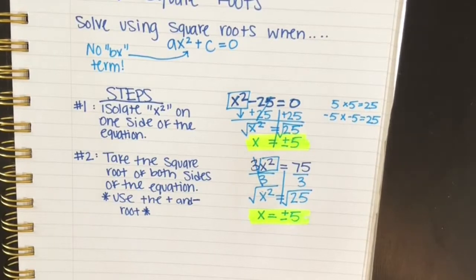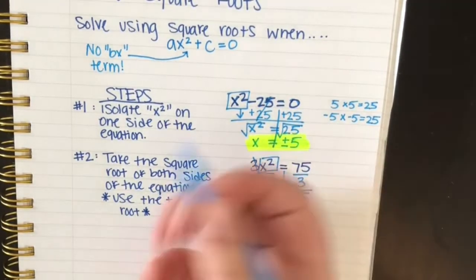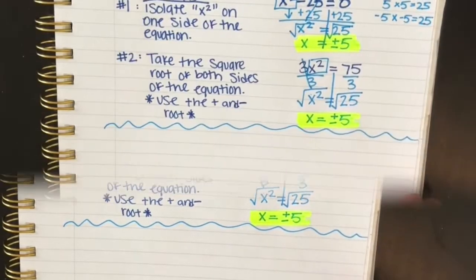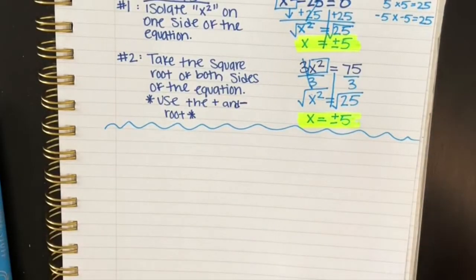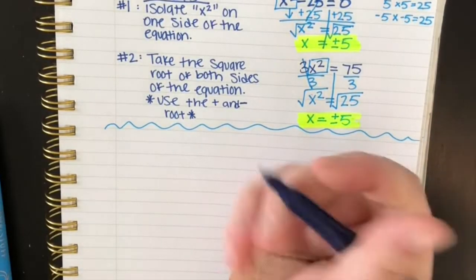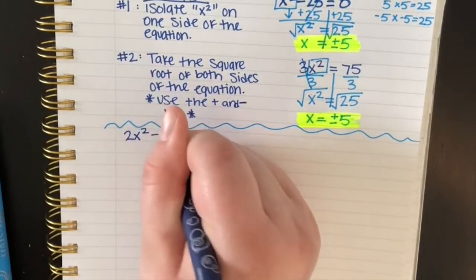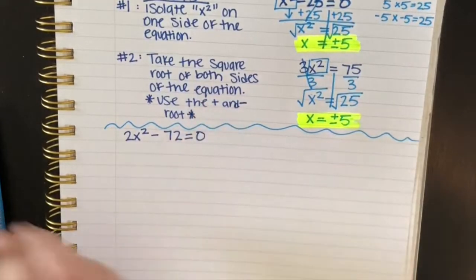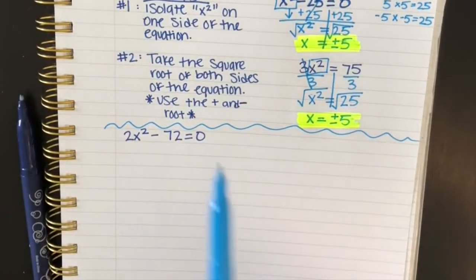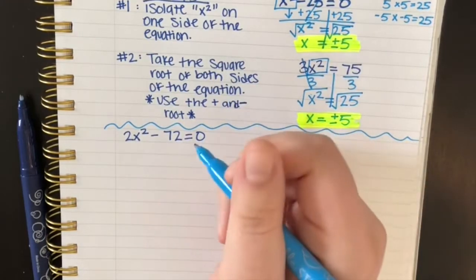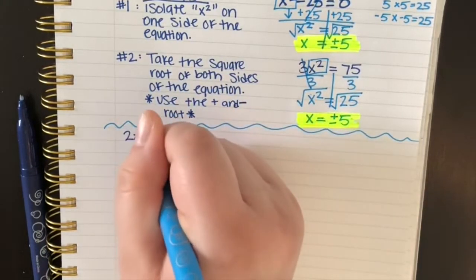Okay, moving on just a little bit. Let's try a question that's going to be just a step above that. Okay, so our next question, we have 2x squared minus 72 equals 0. And we're going to follow those same steps. So step 1 was to isolate x squared on one side. So we need to get x squared by itself here.